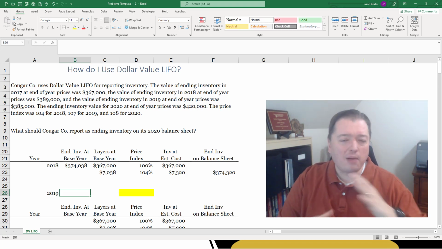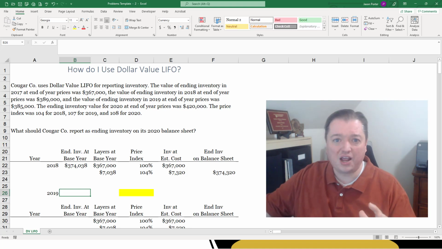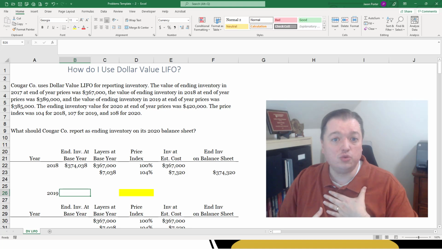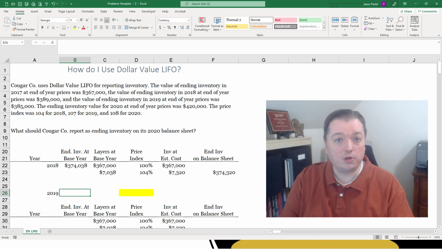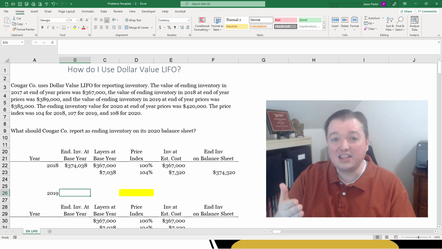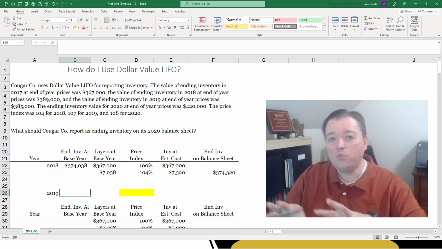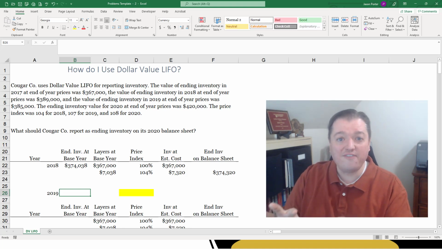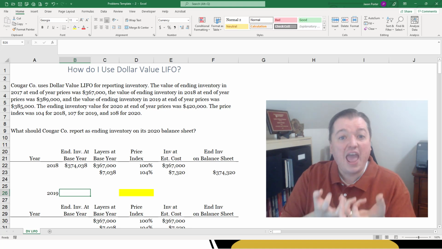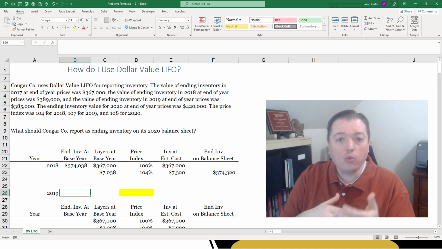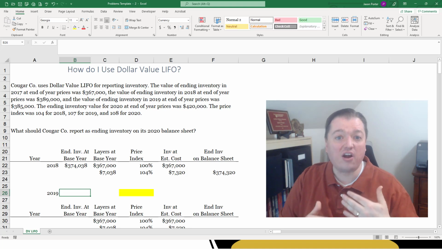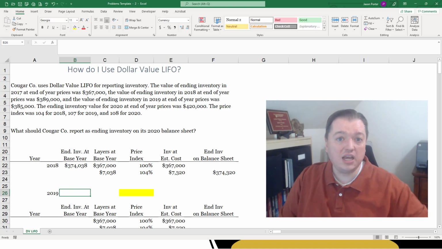You see, part of the problem with any kind of calculations over time is that we're looking at not only changes in the decisions we made and the inventory we purchased, but also at the changes in the economy through inflation. And what we're doing with this dollar value LIFO method is we're pulling inflation out of the picture while we compare the size of our inventory from one year to the next.